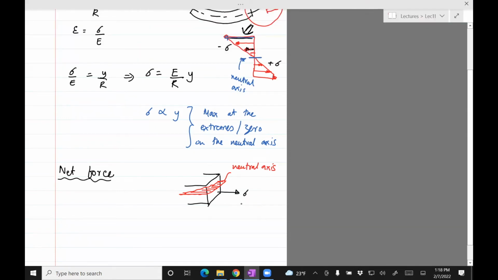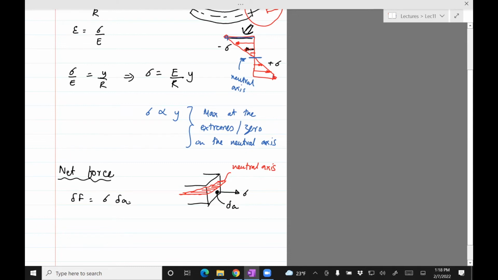I showed the stress. So if you want to find the force, then what you need to do is consider the stress on a small element dA. So dF is equal to stress times dA, right?